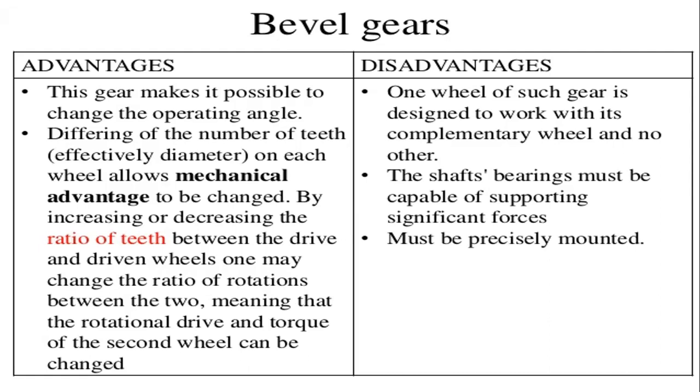When we need to change the operating angle, that is, changing from one axis to the other axis, and differing the number of teeth in the effective diameter, we should use the bevel gear. Each wheel allows the mechanical advantage to be changed.